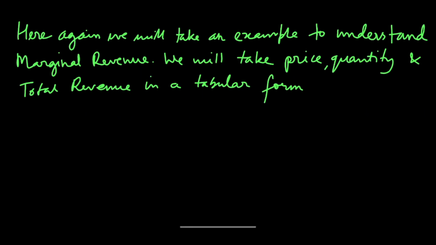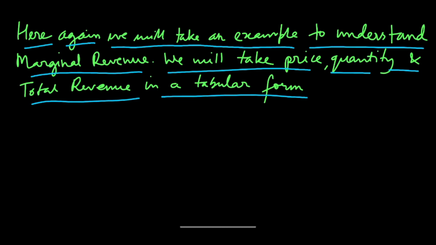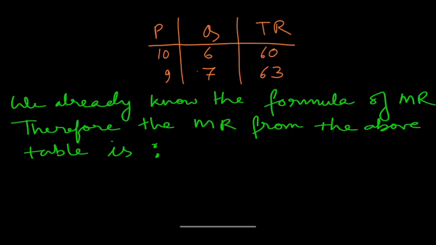Here again, we will take an example to understand marginal revenue. We will take price, quantity, and total revenue in tabular form. The table is given above.